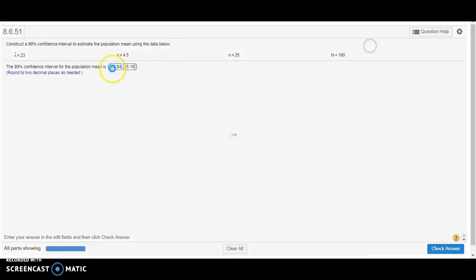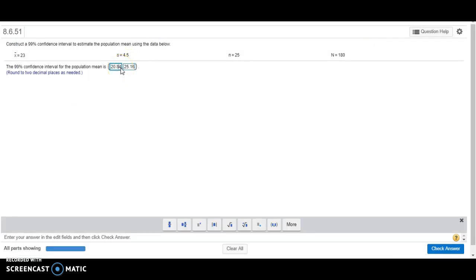Okay, let me click off of that. So let's put this in and check it. These answers we got before were probably from using the incorrect t-score because of the example: 20.66, and over here we have 25.34.